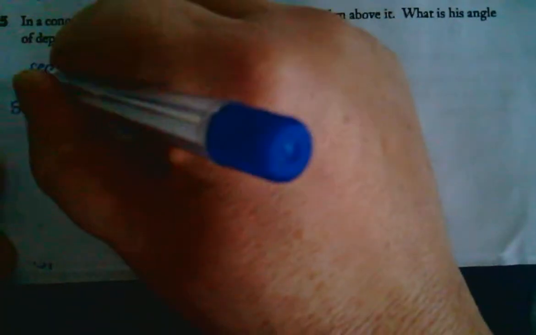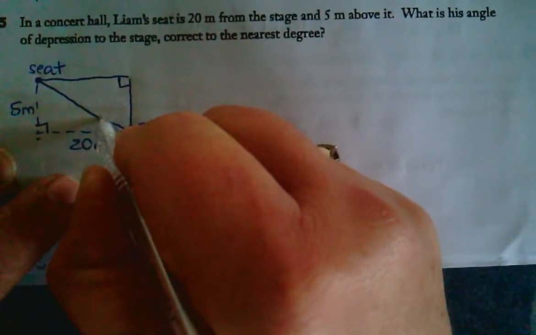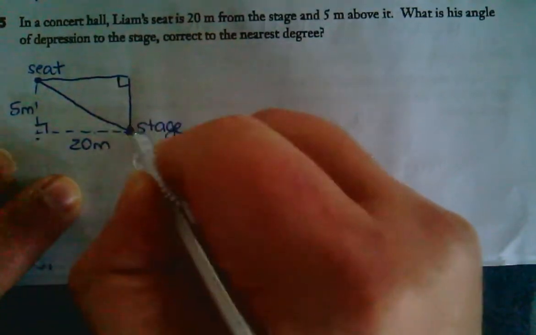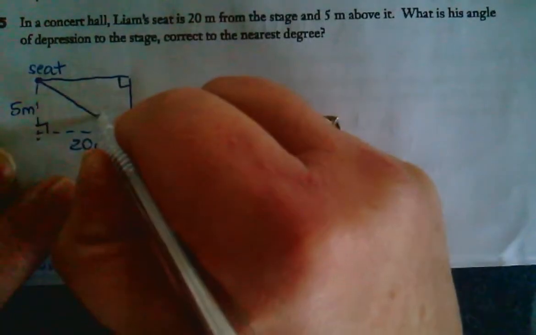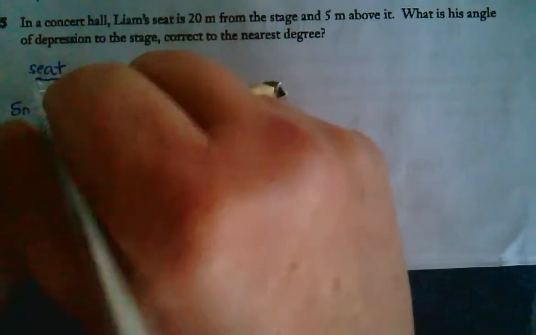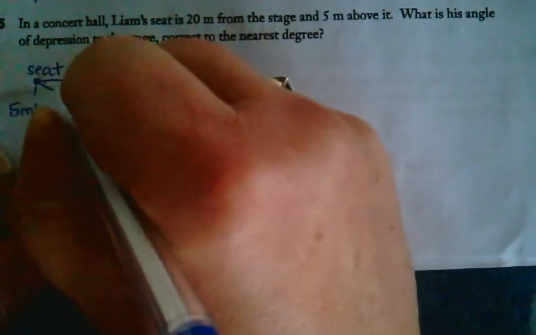So draw the rest of the rectangle up here. We're not asking for the angle of elevation from the stage up to the seat, which would be this angle down here. The angle of depression is from him to the stage, so complete it as a rectangle.